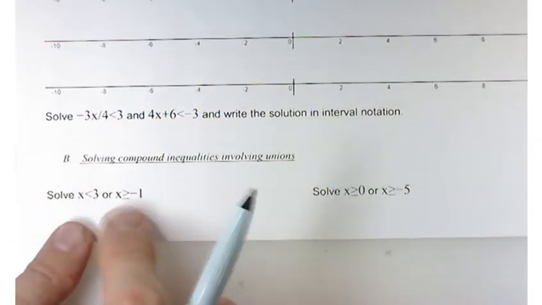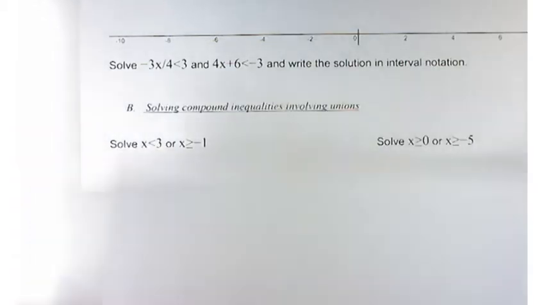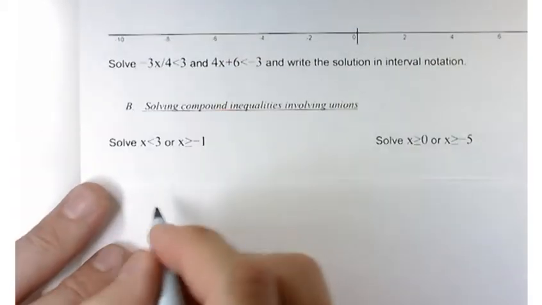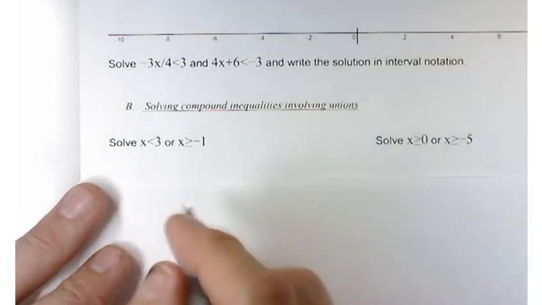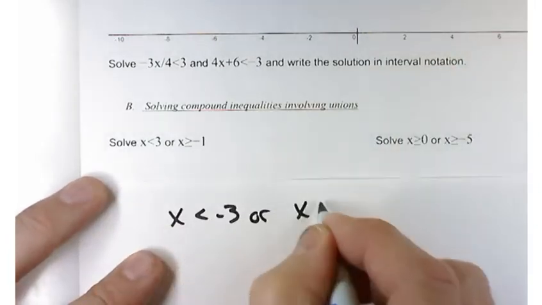I think I'm going to change this up just a little bit for the first example. We've still got some more blank graphs here to use. So for this first one, let's do x is less than -3 or x is greater than or equal to -1.